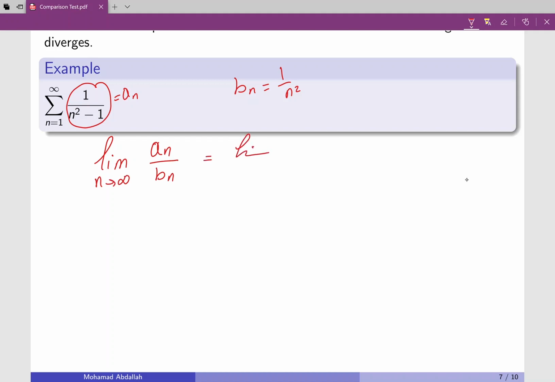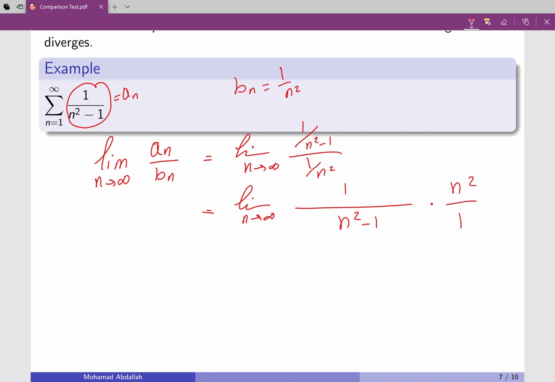This is the limit of 1 over n squared minus 1, over 1 over n squared. So this is the limit when n goes to infinity. Over here you're going to have 1 over n squared minus 1 divided by 1 over n squared, which means multiplied by n squared over 1. So that's the limit when n goes to infinity of n squared over n squared minus 1, that's equal to 1, which is not 0.